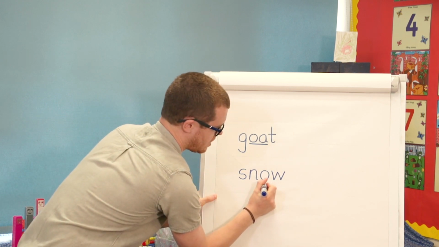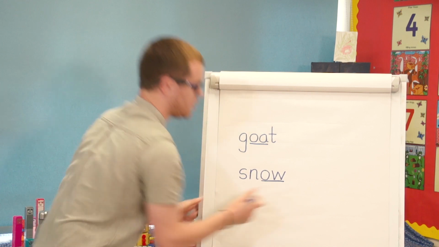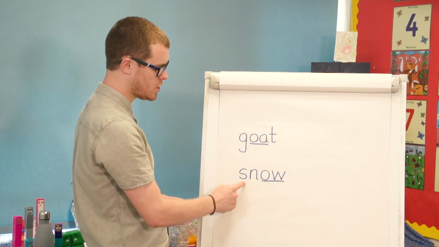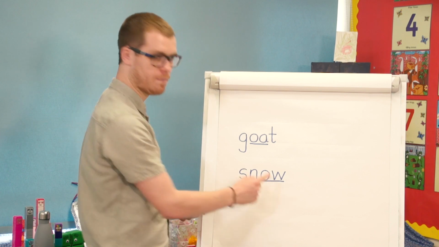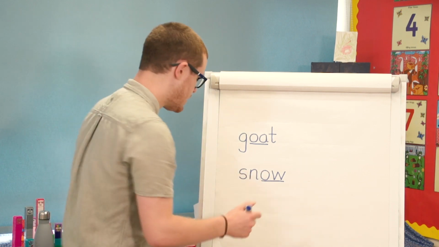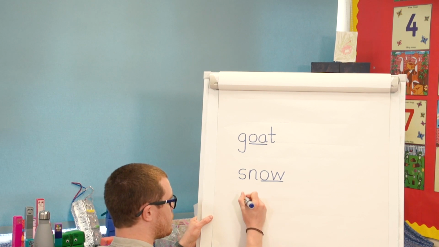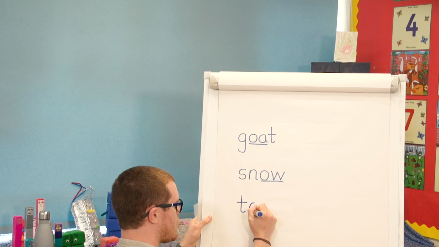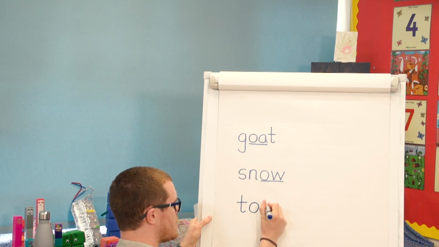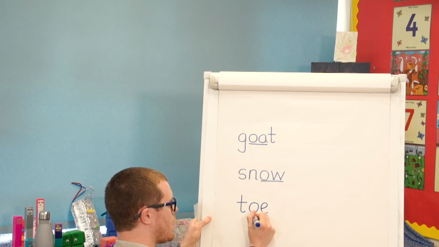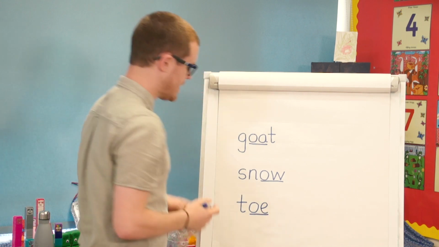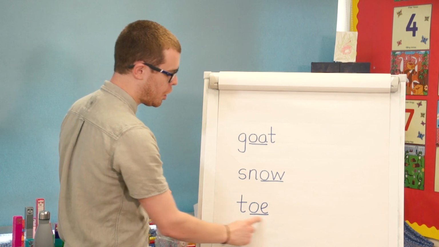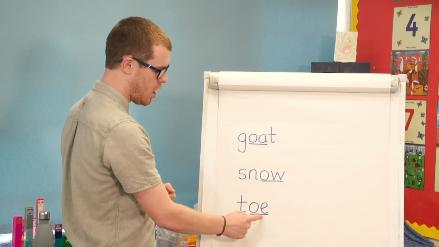With the letters O and W, as in snow, S-N-O. And my next way is like this, with the letters O and E, as in toe, T-O.